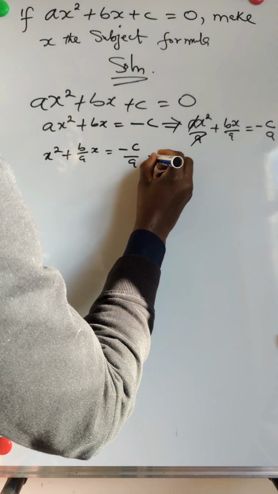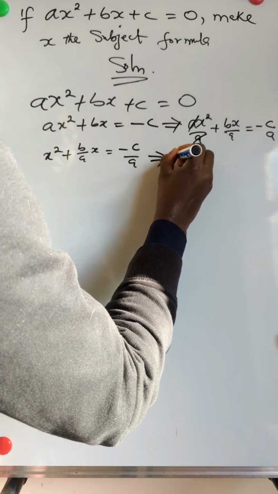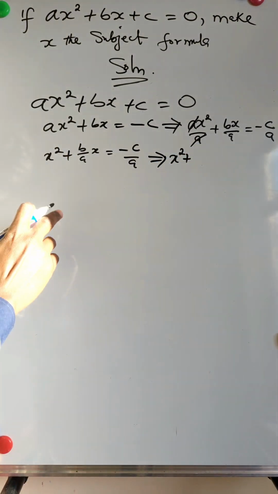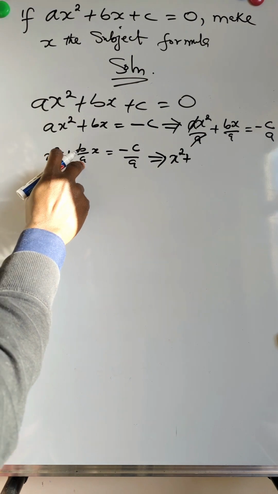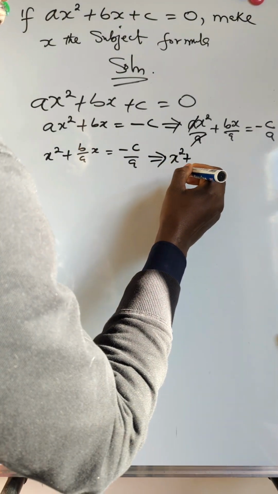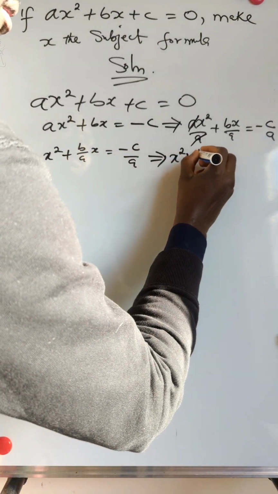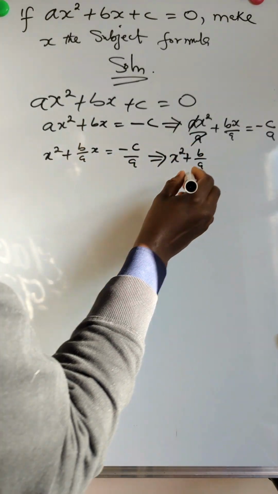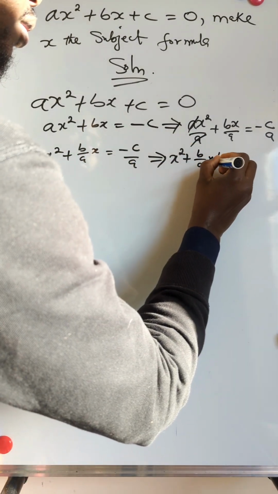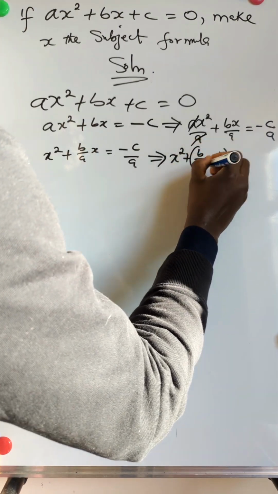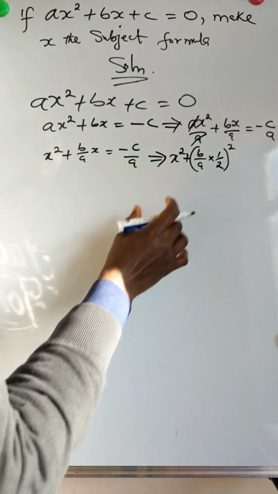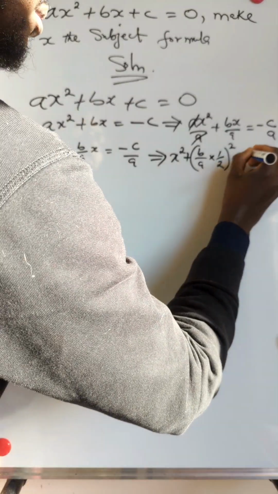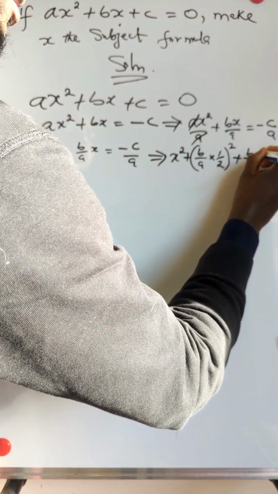So it will look like this. x squared plus the coefficient of x is b over a, multiply by half, square the result, and I've added it to this side of the equation, plus b over a x.